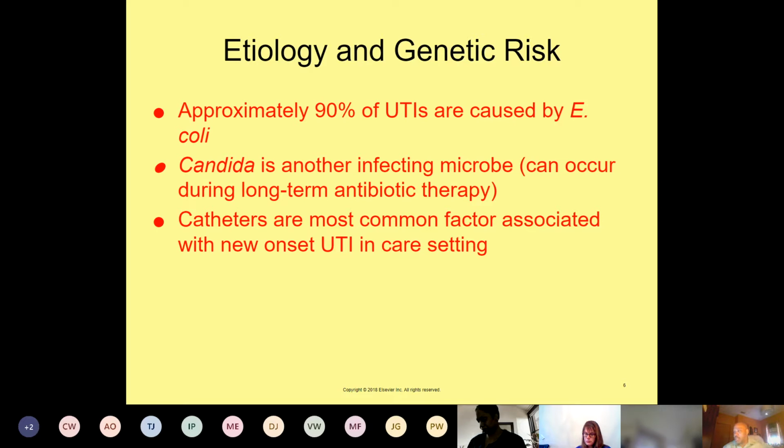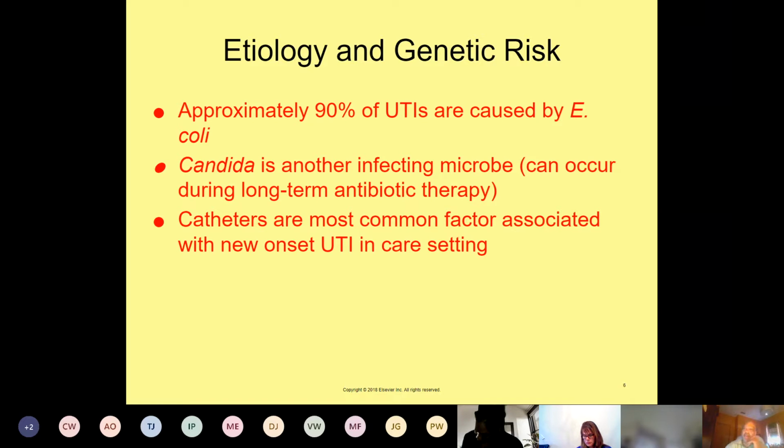Let's see. So we talked about patients who are on long-term antibiotics, how they can develop these fungal or candida type infections. Remember, antibiotics tend to change the normal protective flora, which reduces adherence and volume of pathogenic bacteria.